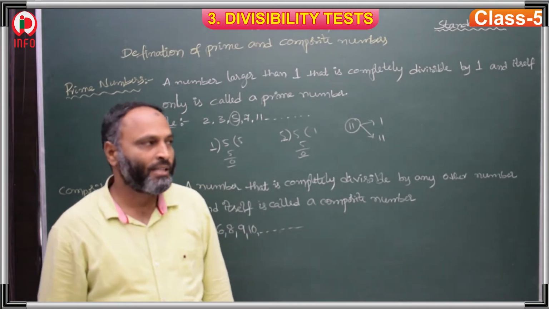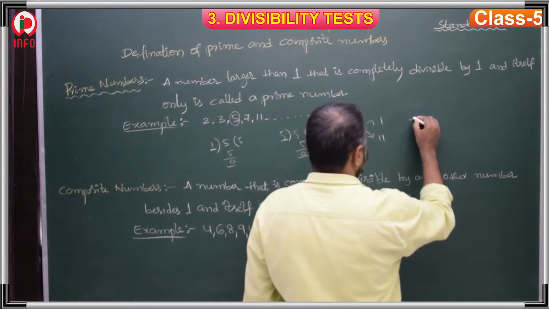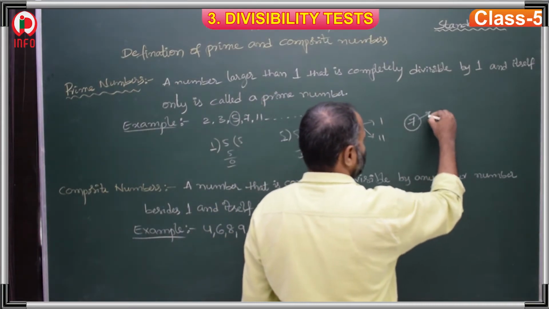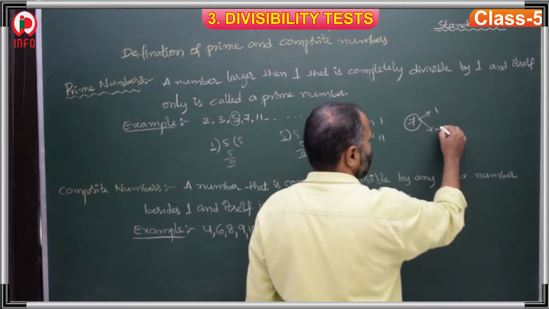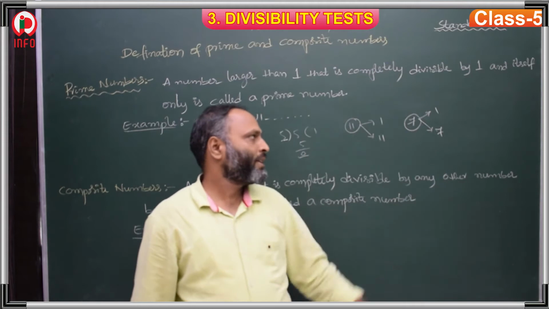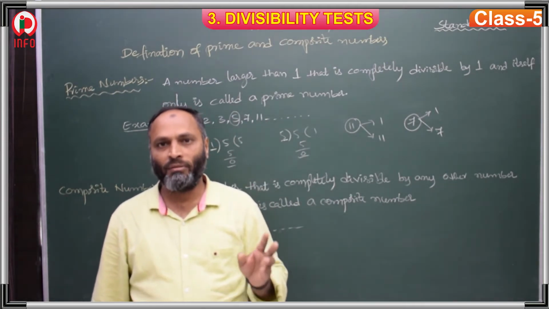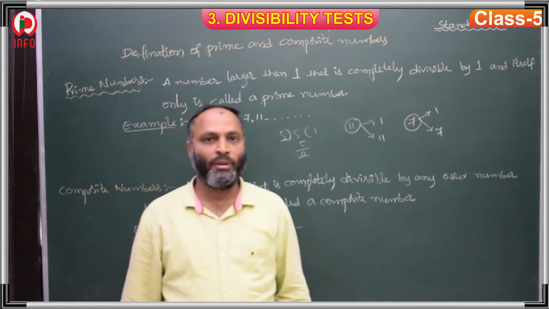In the same way, 7 is divisible by 1 and itself, meaning 7. So a number which is divisible by 1 and itself is called a prime number.